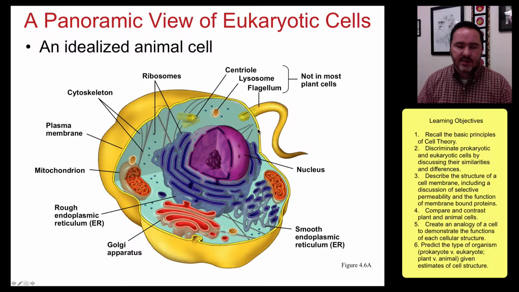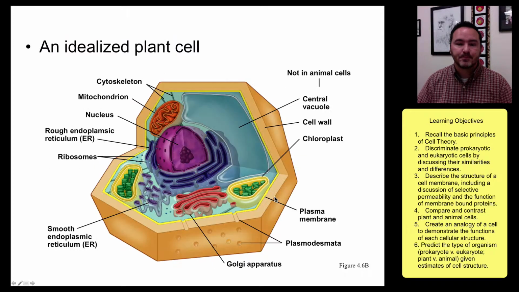Whereas a eukaryotic cell, in this case an animal cell, is much larger. It also has the plasma membrane. It has the nucleus, which has a double membrane, and then there are the organelles like endoplasmic reticulum, Golgi apparatus, mitochondria, centrioles, lysosomes, and flagella, the last three of which are not found in plant cells, and there's a host of other things as well.